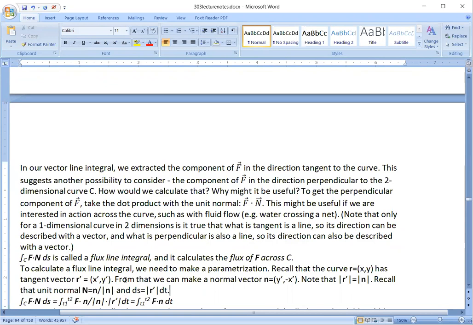But look, we're dividing by the magnitude of the normal and then multiplying by the magnitude of r prime. Those magnitudes are the same, therefore they cancel. This will just give us the integral from t1 to t2 of the vector field dot the normal vector, which we know how to make, dt.